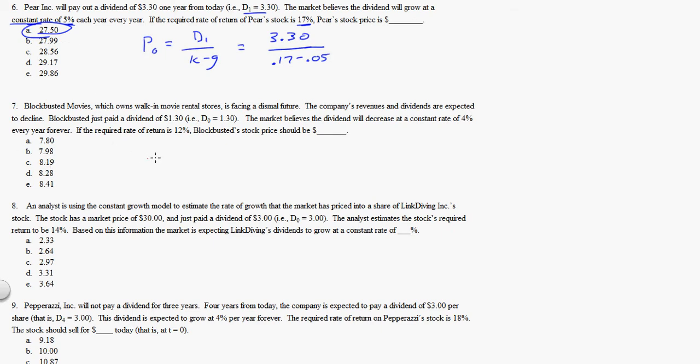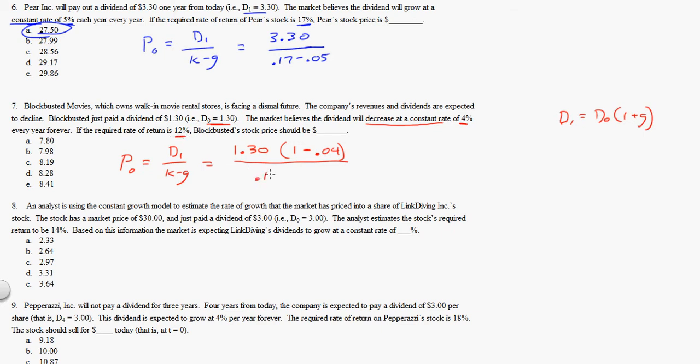Number 7 is very similar. It's the same setup. It is a constant growth stock, but it says it's going to decrease at a constant rate. Well, that's okay. We still use P0 is equal to D1 over K minus G. In this case, we're not given D1, we're given D0, $1.30, but we know that D1 is equal to D0 times 1 plus G. So 1 plus, but the growth rate is negative, so it's 1 minus 4%, because it's decreasing at 4%.